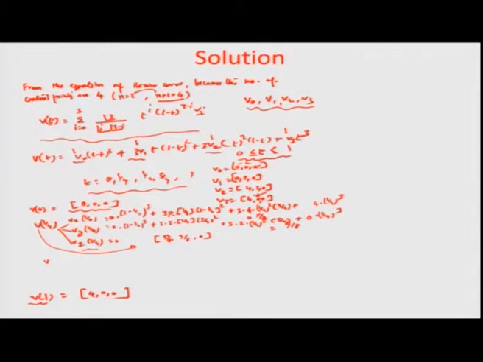In a similar way, we can do this for V half, and for V half the equation happens to be 1/8 of V 0 plus 3/8 of V 1 plus 3/8 V 2 plus 1/8 V 3. I am calculating pretty much in a similar way by substituting all the values of t corresponding to half in this particular expression. Earlier it was 1/4, and so in that event, if I put the different values of V 0 to V 3 in the x, y and z directions, we get another set of coordinates 2, 3 by 2, 0.